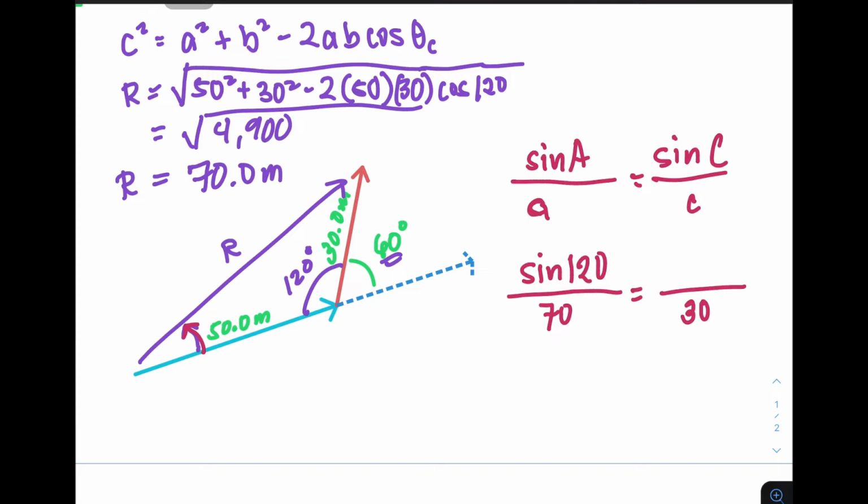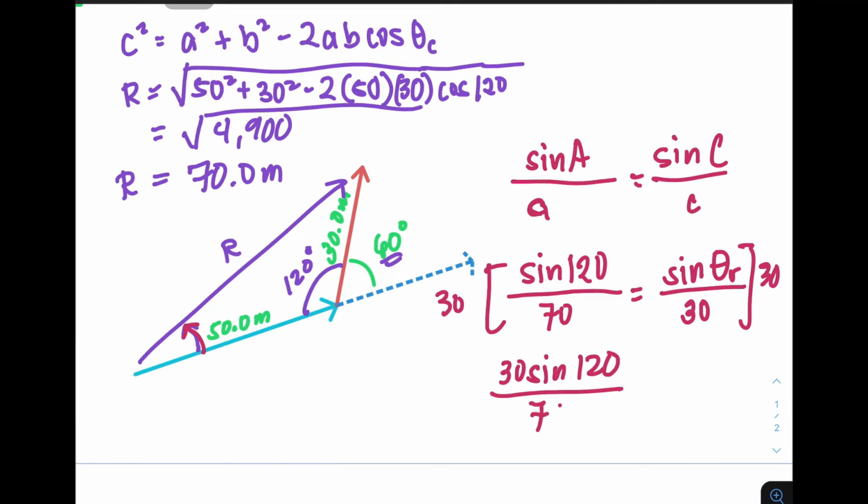So we have the 30 meter side and the angle, let's name it sine R, for resultant. If we derive that, we multiply both sides with 30, so we get 30 sine 120 over 70 is equal to sine of our angle.